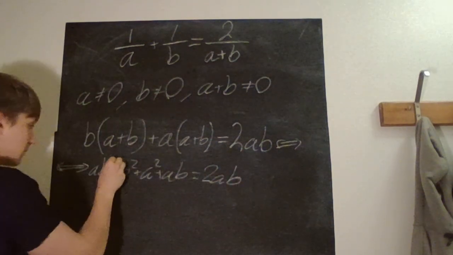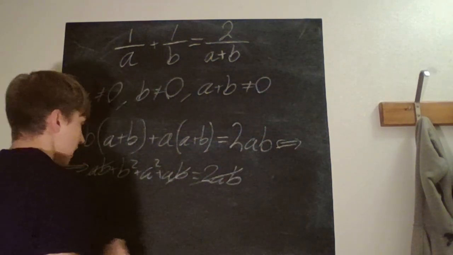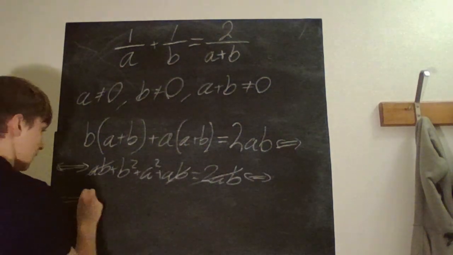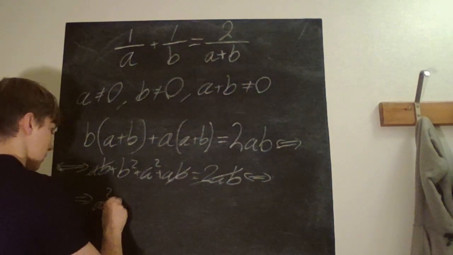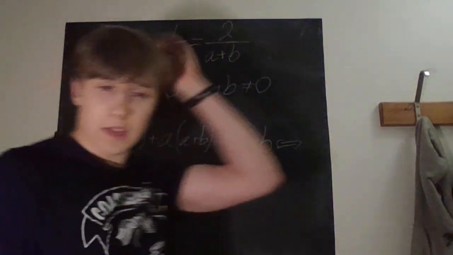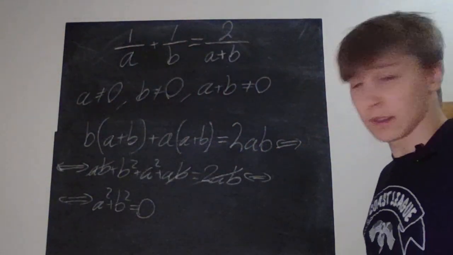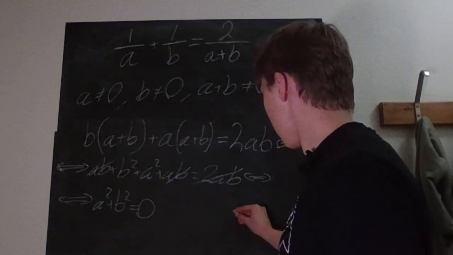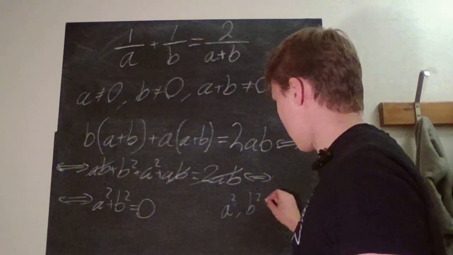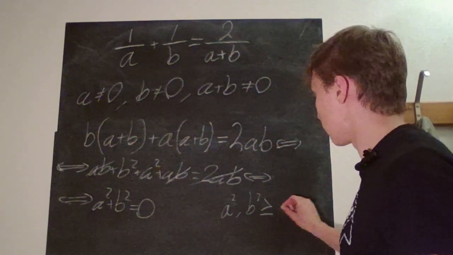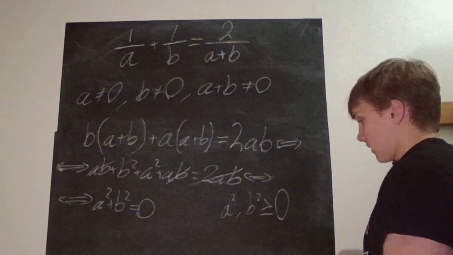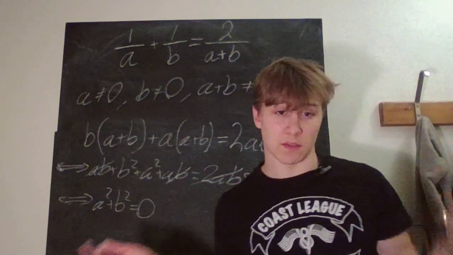Here clearly the ab's cancel out everywhere. So what we get is that a squared plus b squared is equal to 0. Since we're assuming that a and b are real numbers, we know that both a squared and b squared are always bigger than or equal to 0, because a negative number squared is positive, right?